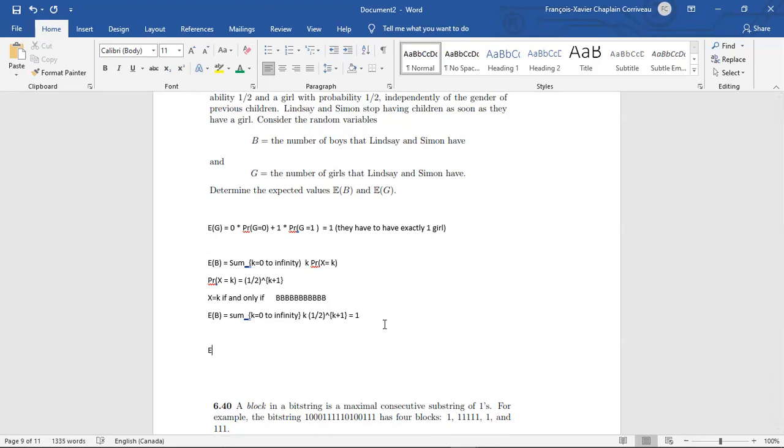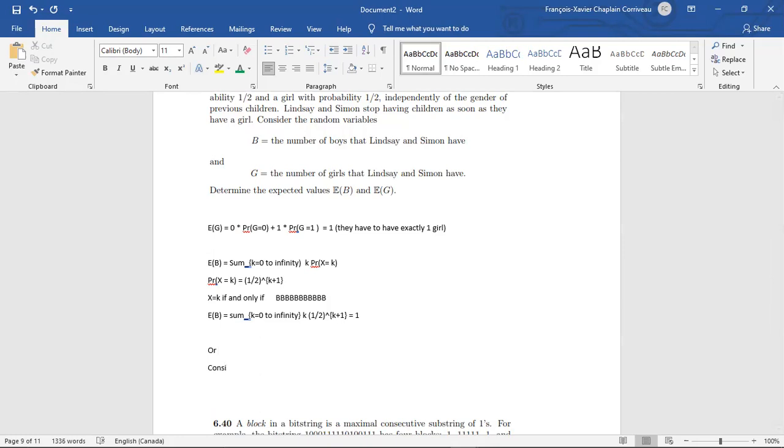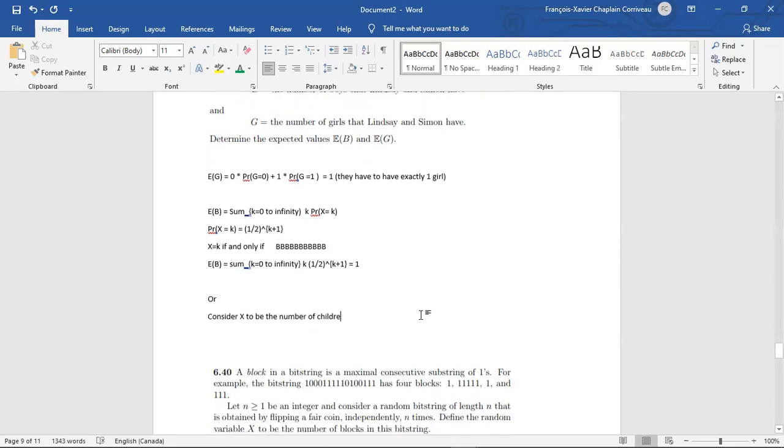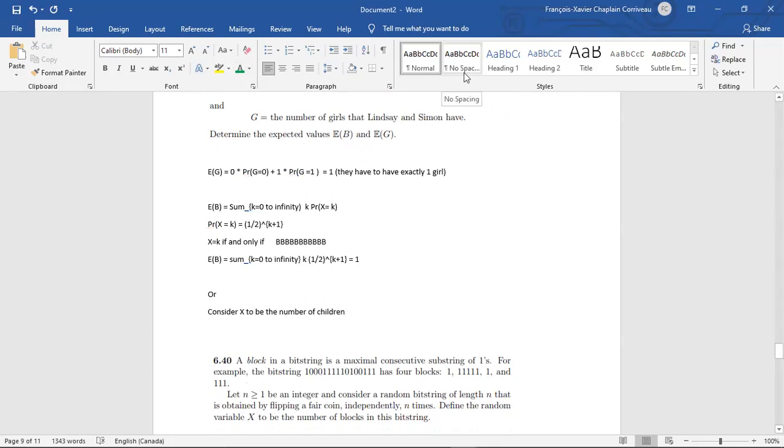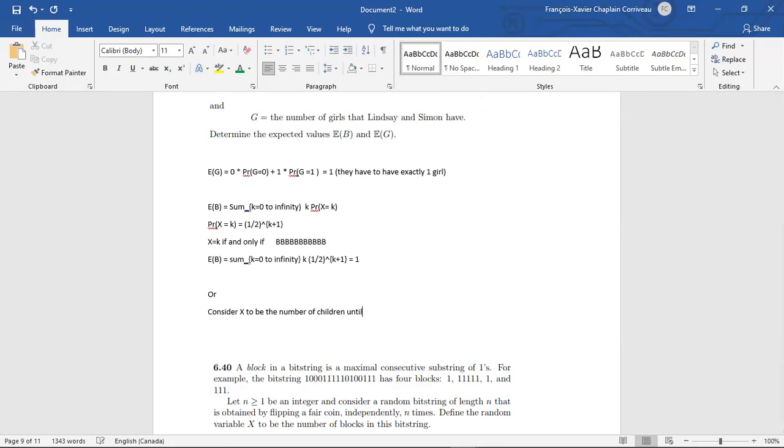Consider x to be the number of children until the first girl.